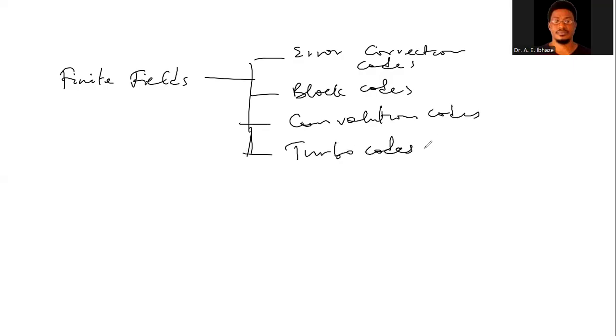Now, in most of your emerging technologies, your 3G, 4G, 5G, and the likes, they actually apply turbo codes, while the legacy technologies apply convolution codes. For some obvious reasons, we are going to document in this course, okay?